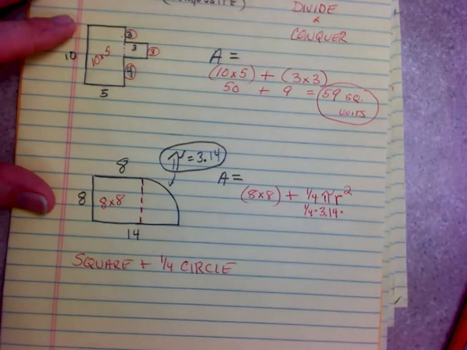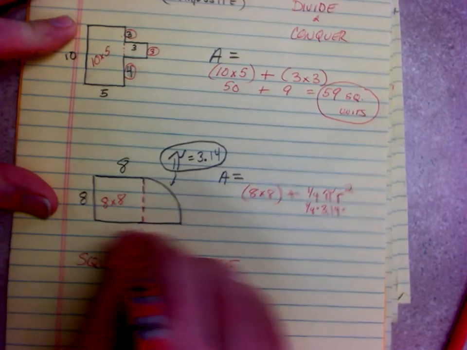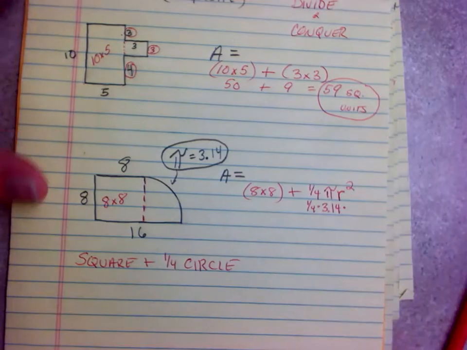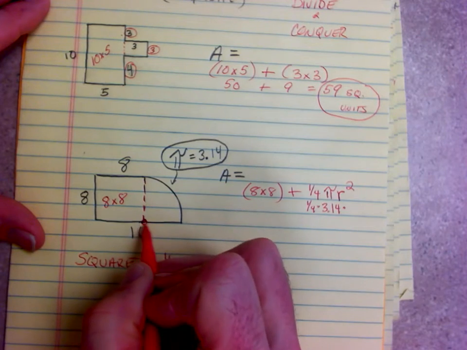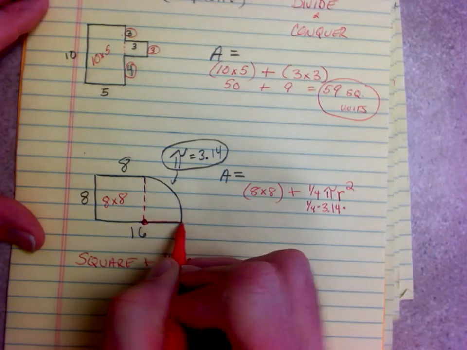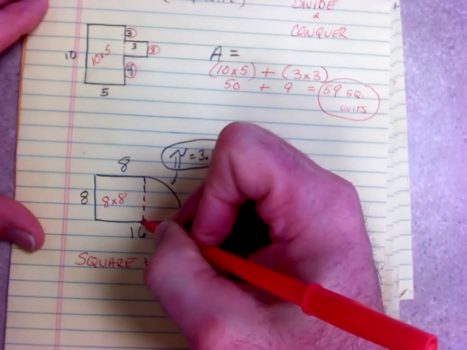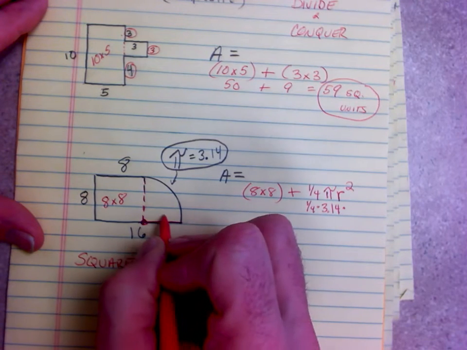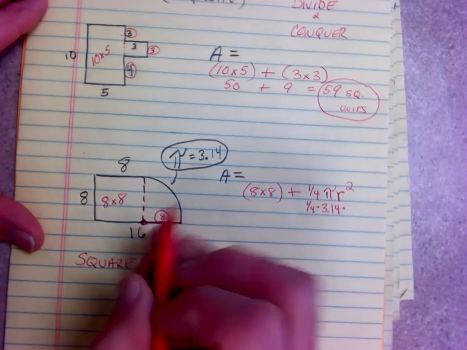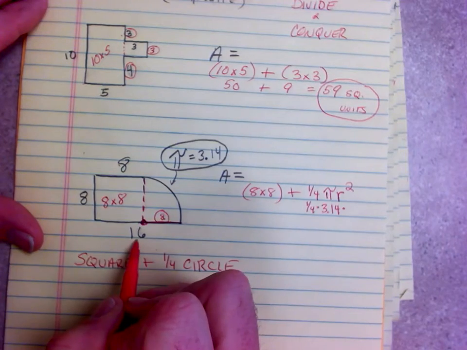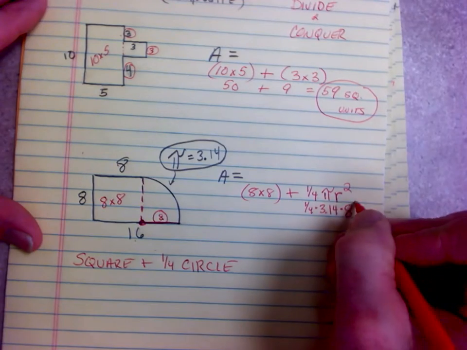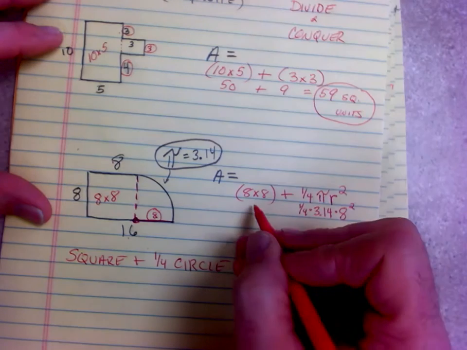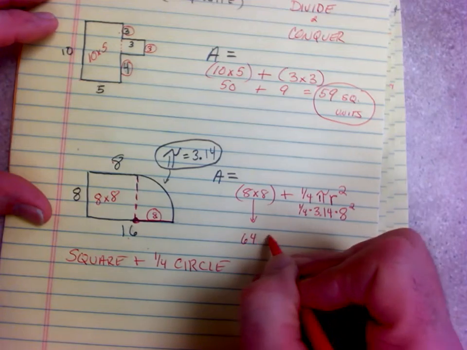Now we need to come over here and come up with our radius. The radius is going to be the distance from here to the edge. Now we can go this way or we can go this way. Remember, those are the same. Either case, our radius is going to be 8, because 8 plus 8 makes 16. So we can throw in 8 squared.